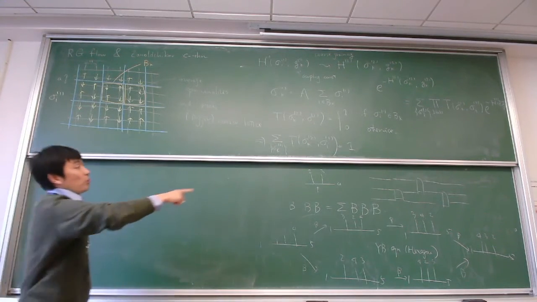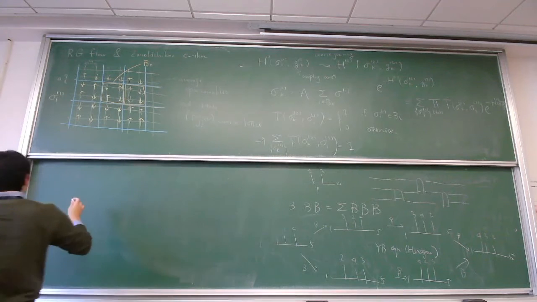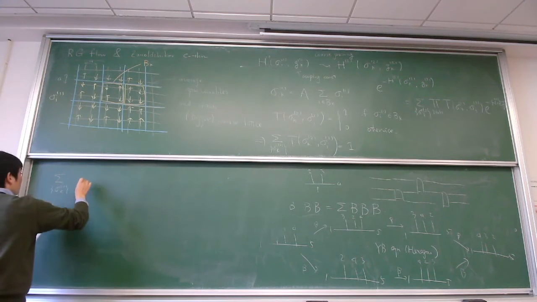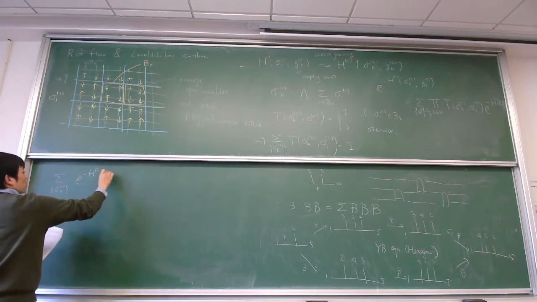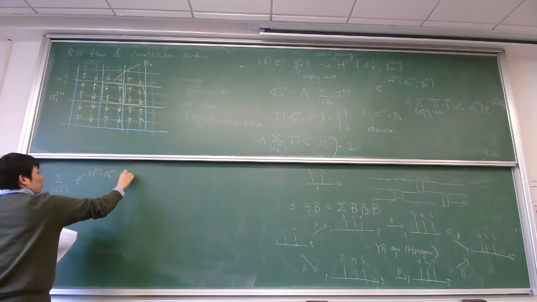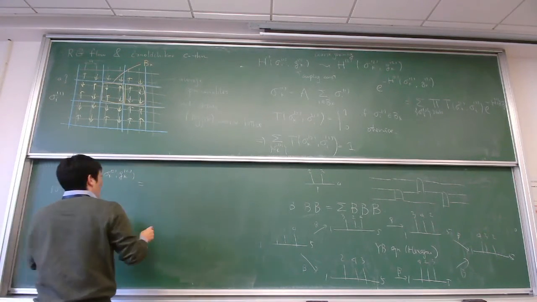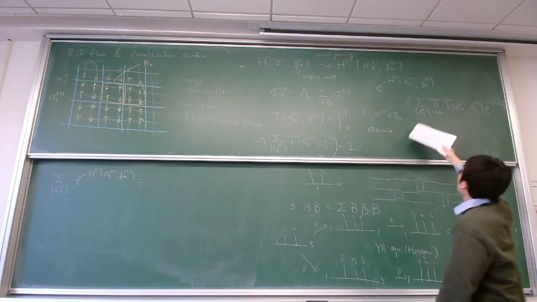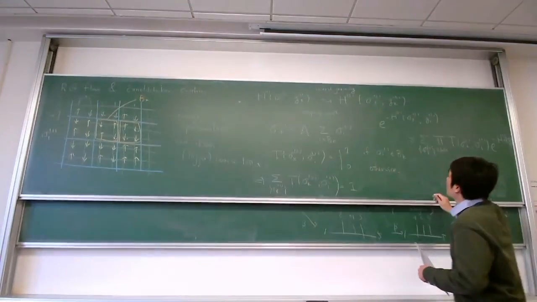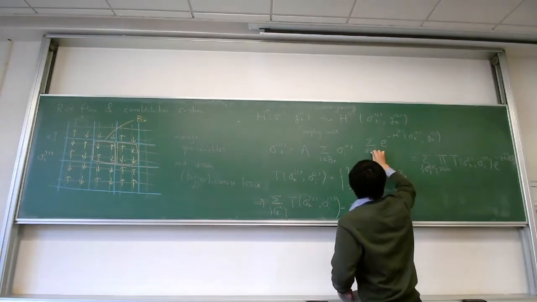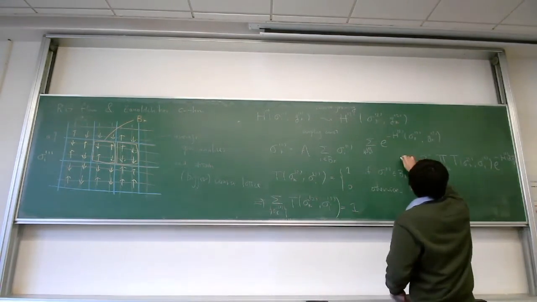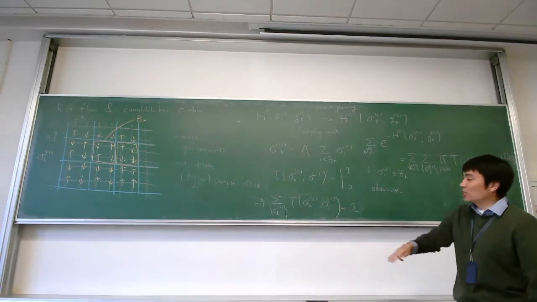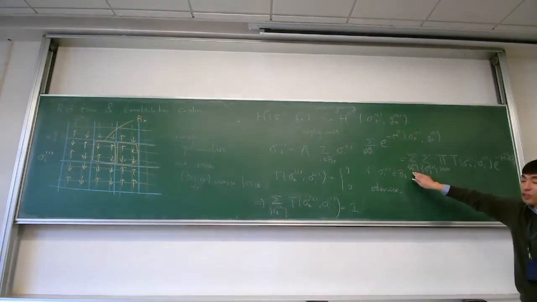Due to this property, if you sum over the new spin variable, you get 1.